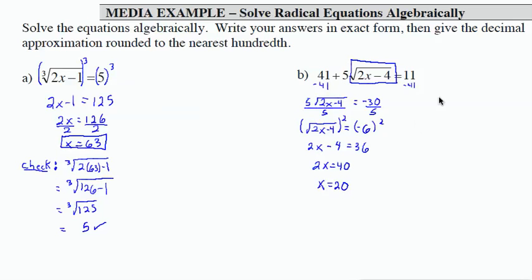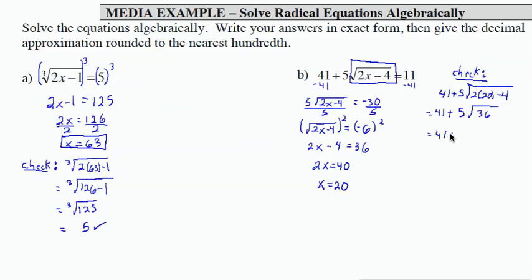However, I absolutely have to perform a check, because squaring both sides is actually not considered to be an equivalent operation, and we might have introduced an extraneous solution. So let's plug in 20 on the left-hand side and see if we get 11 as a result. So I have 2 times 20 minus 4 underneath the radical. That gives me 41 plus 5 times the square root of 2 times 20, which is 40, minus 4 is 36.